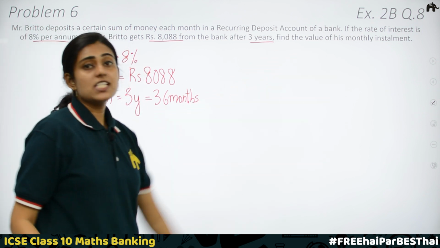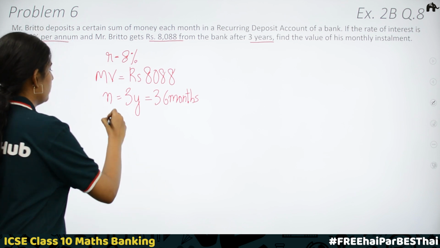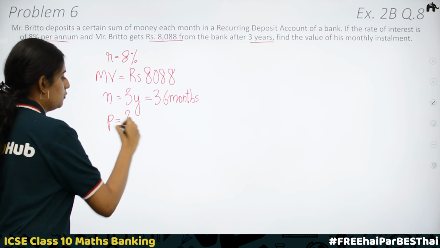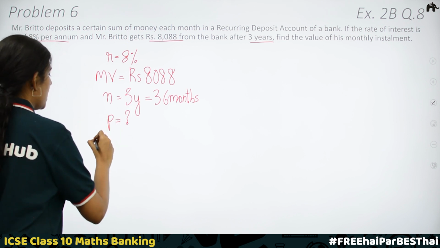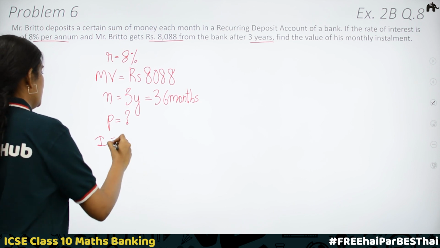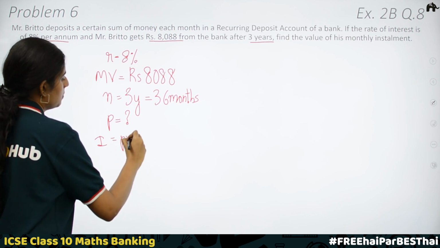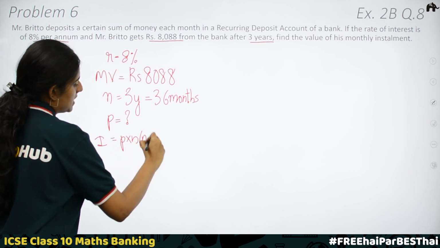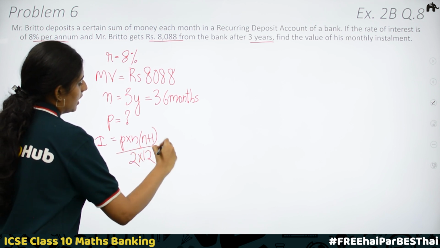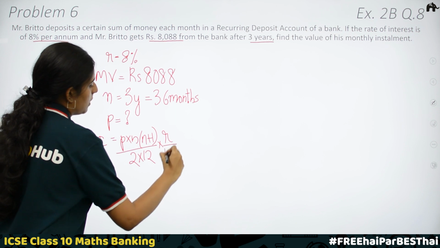Find the value of his monthly installment. We have to find value of P. To find P, we should start with the formula for interest. I is equal to P into N plus 1 divided by 2 into 12 into R divided by 100.